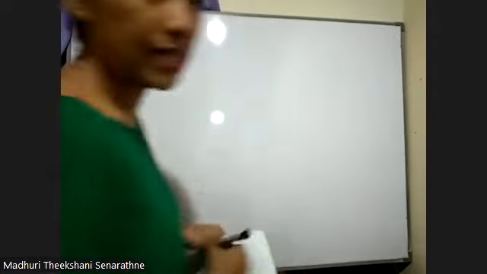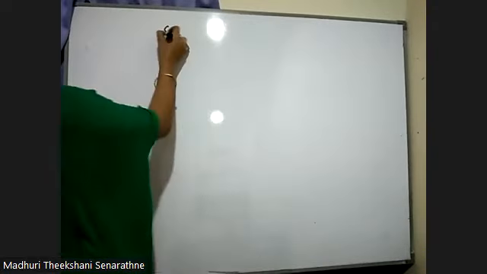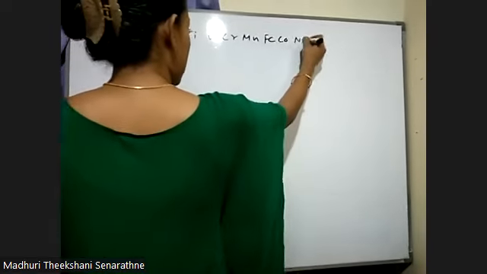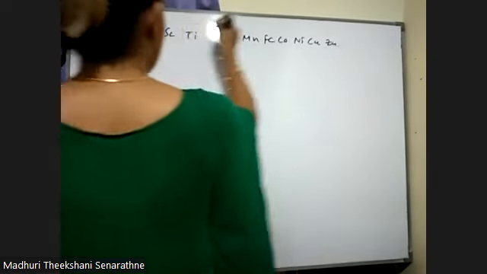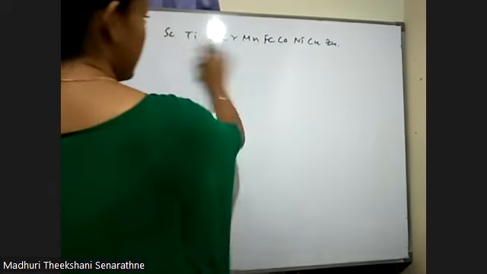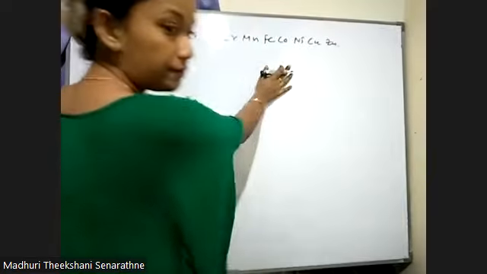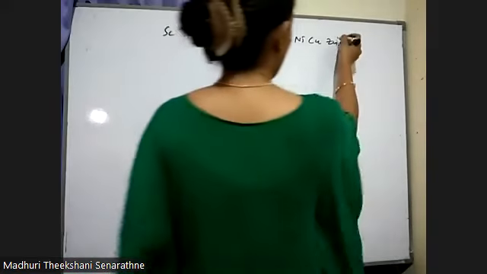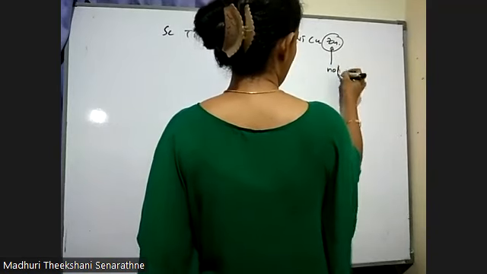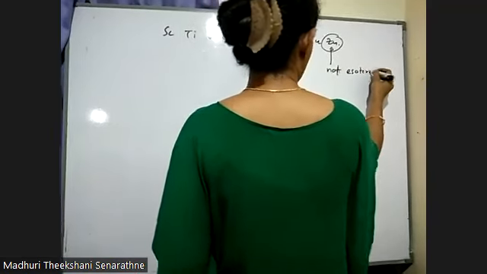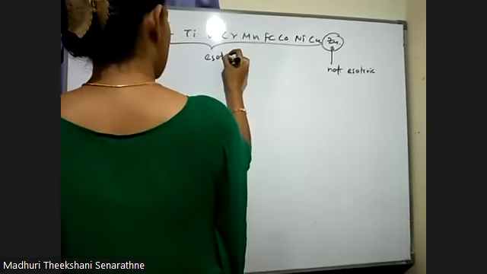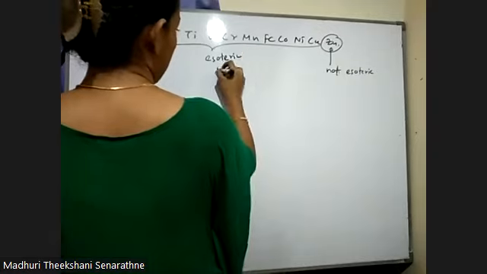Can you remember the elements of the D block? Scandium, titanium, vanadium, chromium, manganese, cobalt, nickel, copper, zinc. Those are the D block elements. All are metals, but not all are esoteric. Zinc is not esoteric. All the others are esoteric metals.